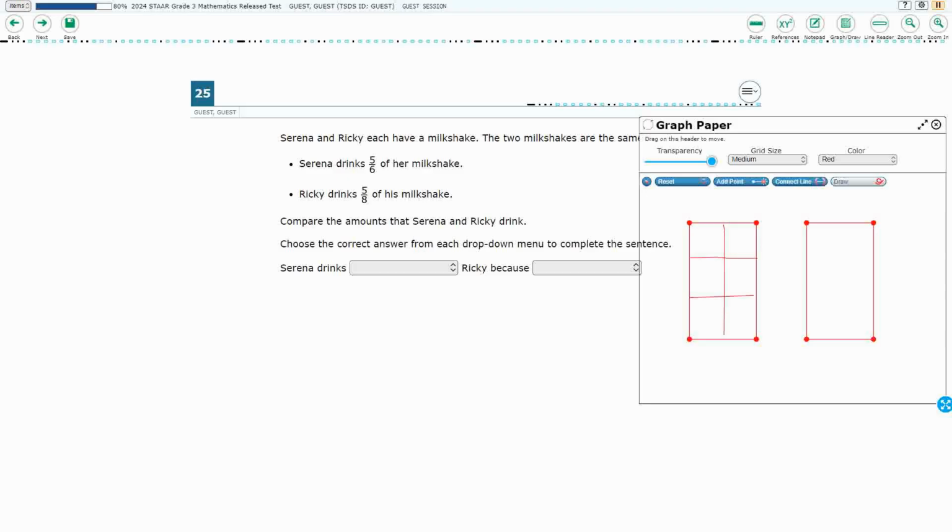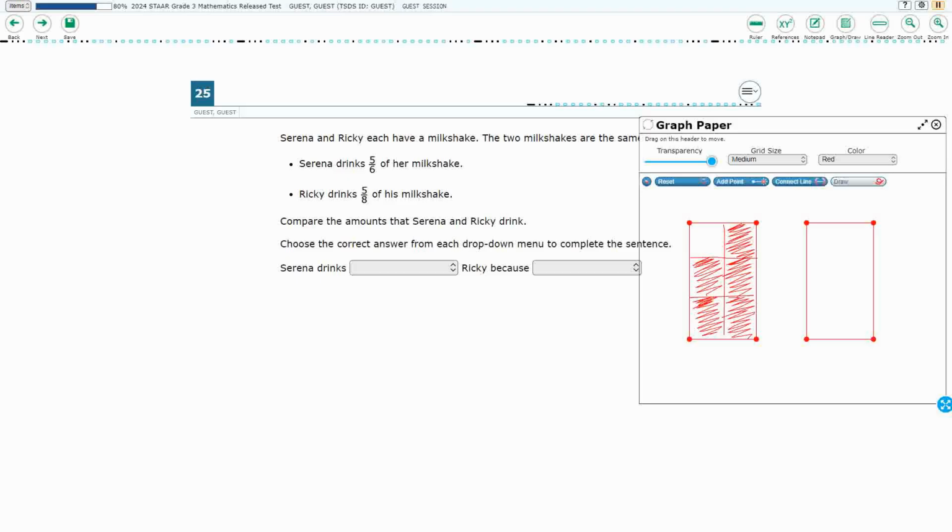And then I'm going to split my thirds in half because I know half of a third is a sixth, because 3 times 2 makes 6. So I'm just going to shade in from the bottom, and I'm just going to shade in 5/6, and I'm going to see if this helps.